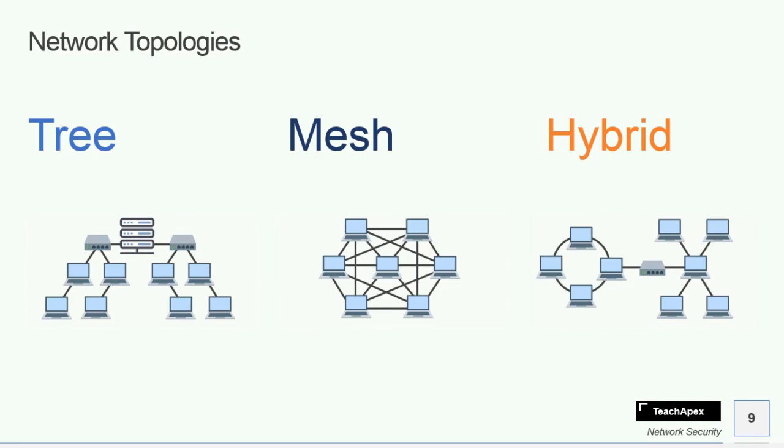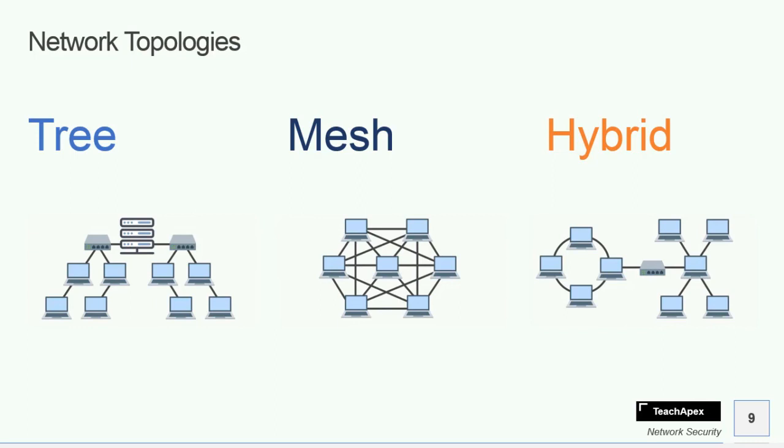All right. Then we have mesh topology. As you can see, it's a complete mesh. A mesh topology is a point-to-point connection where nodes are interconnected. The topological layout is more complex because you can see in the diagram that one system is connected with a number of systems, so it can be a complex architecture.